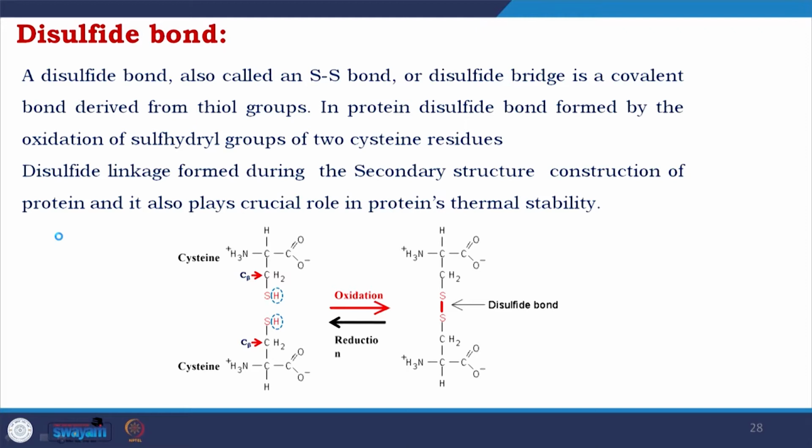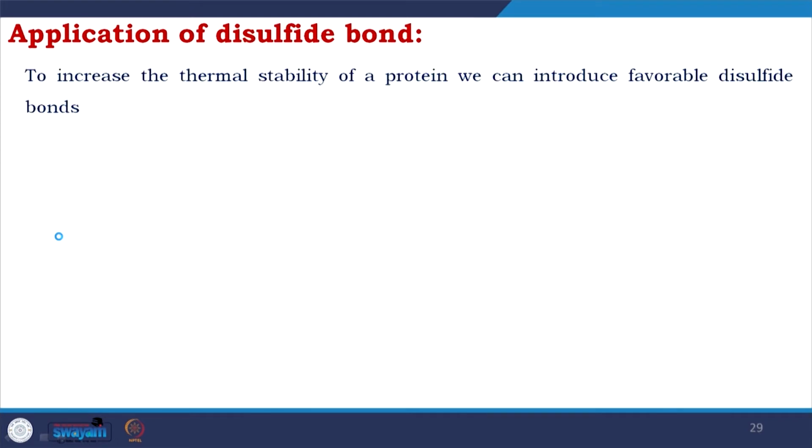So, you see when two cysteines are in close proximity in the protein structure, in oxidizing condition they form a disulfide bond. As an application of disulfide bonds to increase the thermal stability of protein, we can introduce favorable disulfide bonds. So, yes, when we compare two proteins, the presence of disulfide bonds differs, but this gives us an idea about engineering.